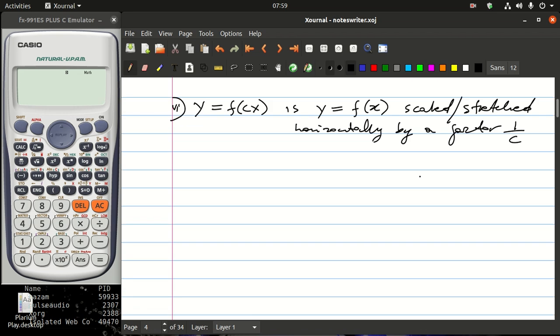Now, let us look at some examples of this, because once we get to see the examples, it's going to be easy to find out what is basically happening here. I'm going to write a simple example.